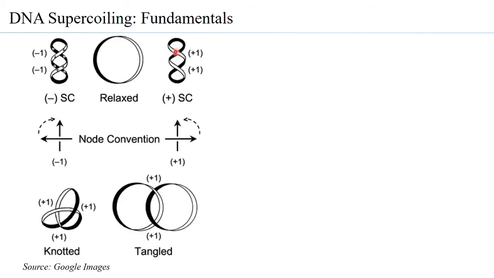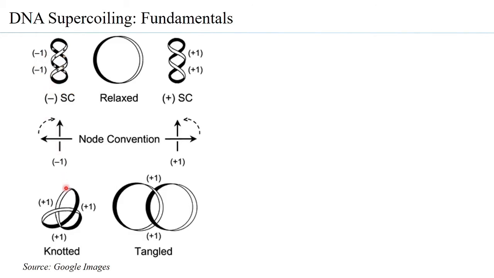So the helical axis crosses each other twice. Therefore this DNA is considered to have two positive supercoils because the twist is towards the right. And this is the same case, but in this case the twist has been on the left hand side. So the twisting is towards the left or it is anti-clockwise, and therefore you have two supercoils again, but these two supercoils are considered to be negative supercoils.